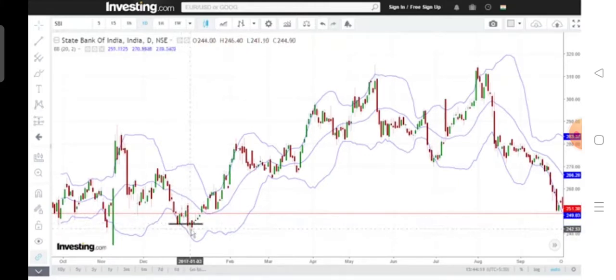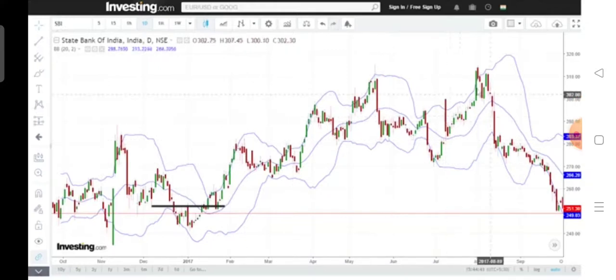So even though the second low was lower than the first low, as it was within the Bollinger Band and the first one was outside the Bollinger Band, this was a valid W bottom pattern. And see what happened. Eventually, when it was broken on the upside, the price moved a little bit higher, and then it again came back to the neckline, and then the price moved higher.